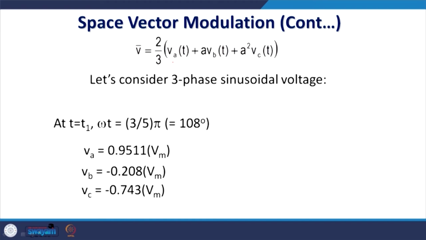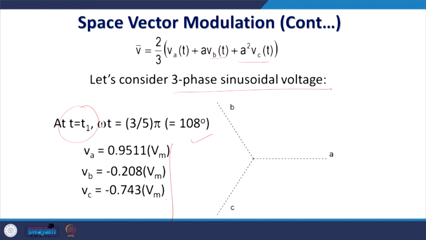So, V equals 2/3 of VA plus a, which stands for the 120 degree phase shift, VB(t) plus a square VC(t), and let us consider the 3 phases of the sinusoidal voltage at t equals T1 and omega t equals 3 by 5 pi, that is 108 degrees, as I have told you. Ultimately, you get these voltages.